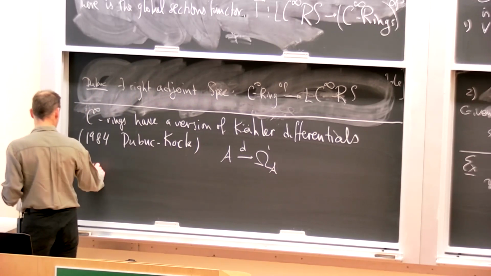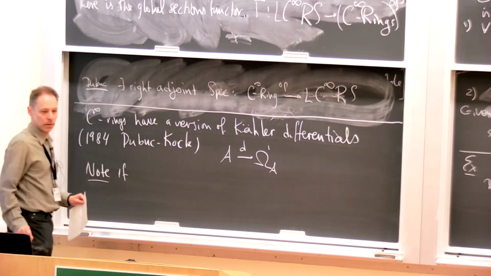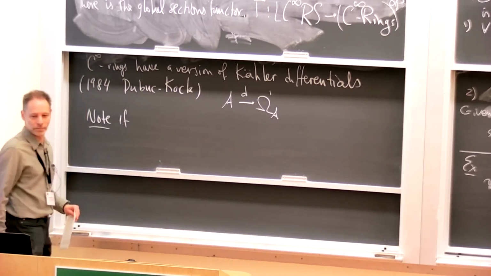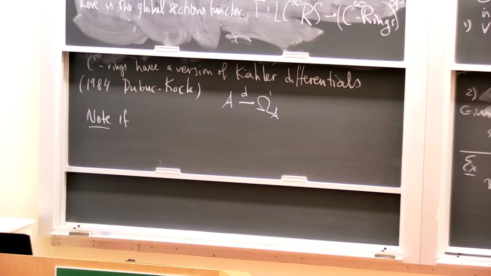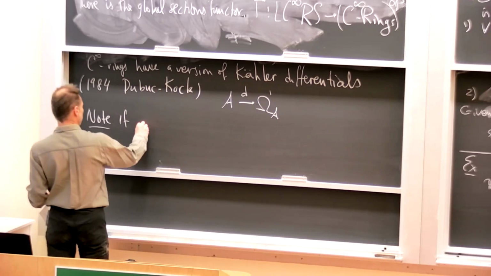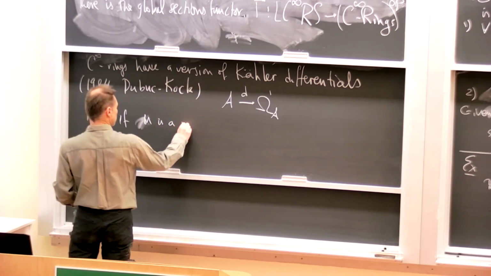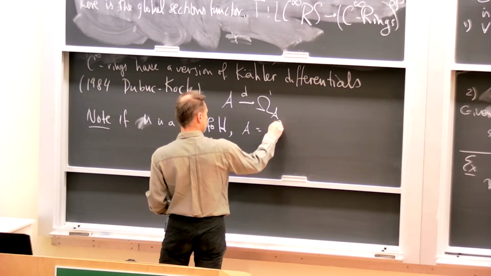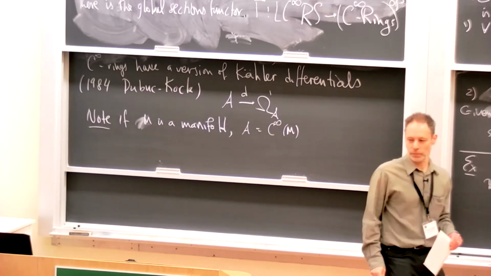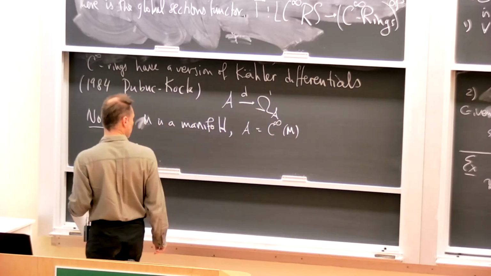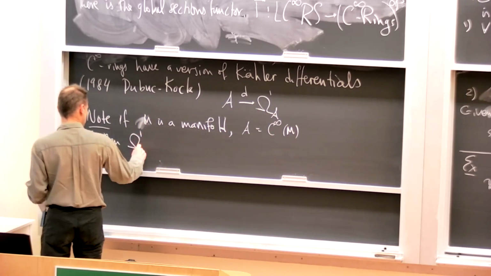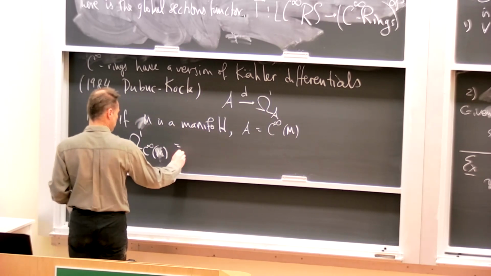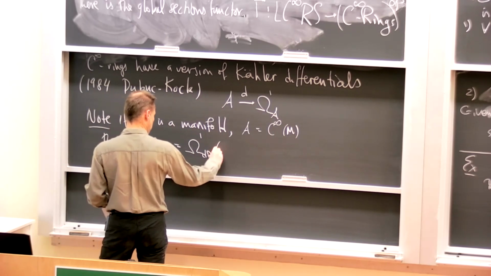But note, if M is a manifold, and A is the smooth functions, and again my manifold is second countable and Hausdorff, just to keep the pathology out, then this module of Kähler differentials is the de Rham differential forms.